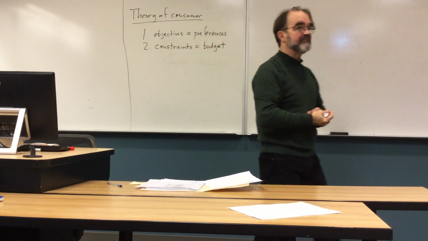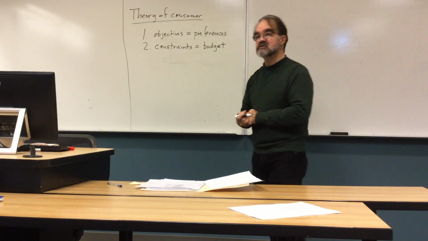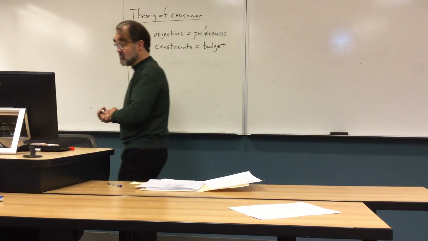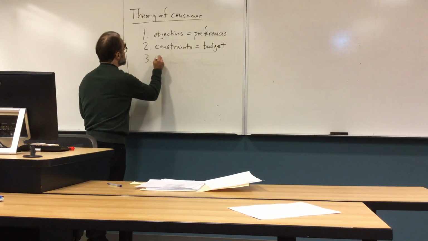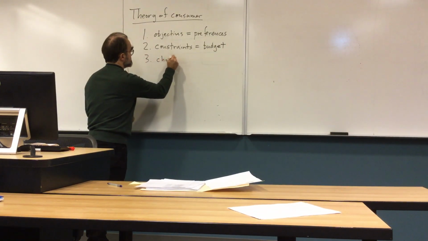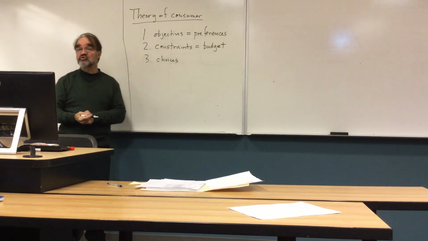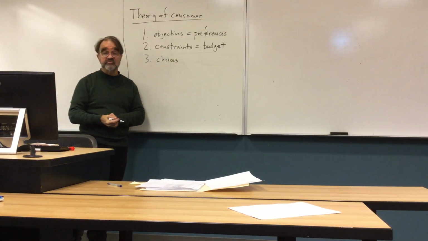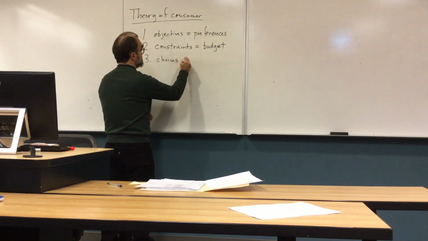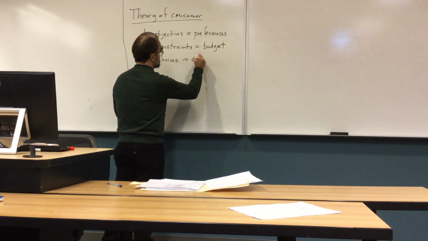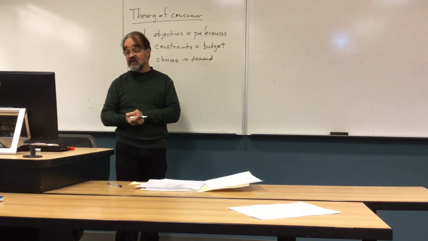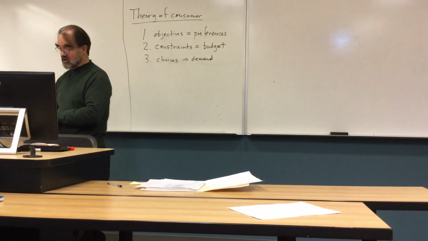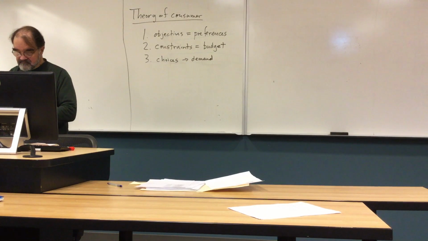So a fixed amount of money that can be spent on consuming different goods. And then the third step are the choices that the consumer makes, and that is going to lead us to the consumer's demand for different goods.